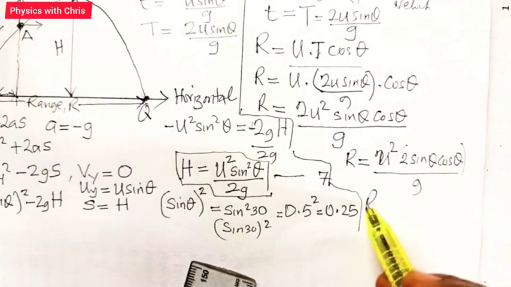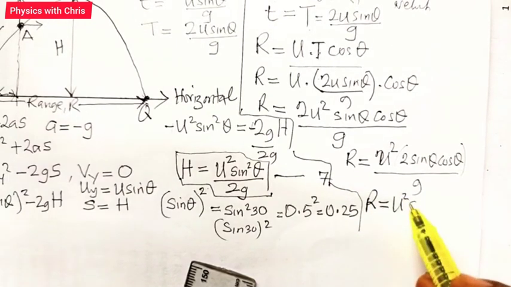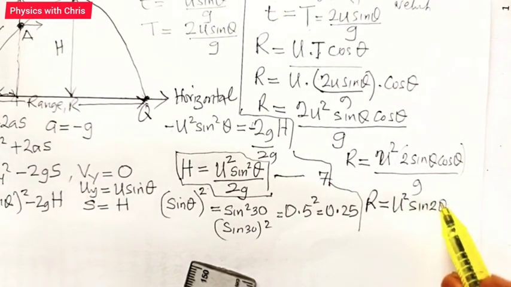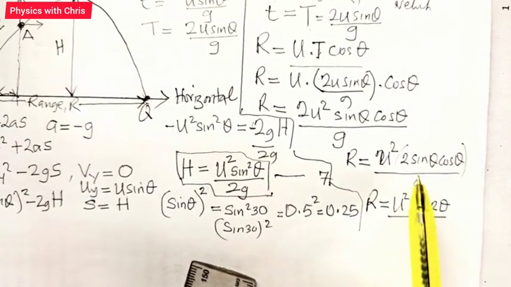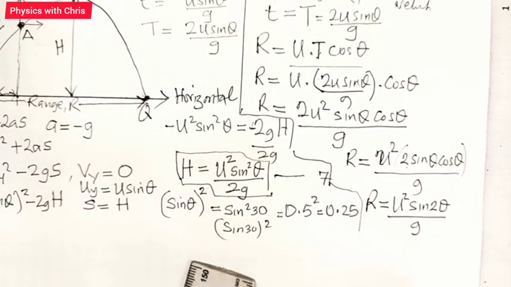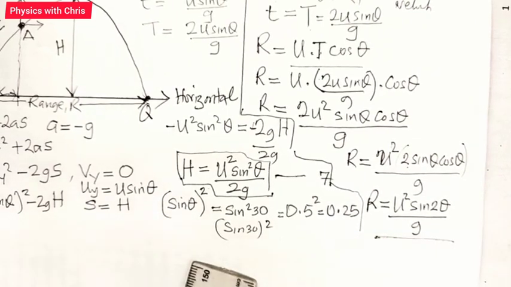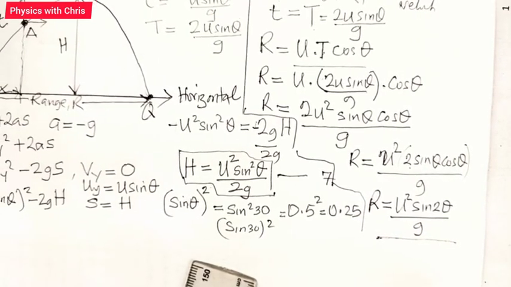So I have my range equals u squared sin 2 theta over g. I won't have the time to prove it. In one of the videos, I'll specifically prove this identity, that 2 sin theta cos theta equals sin 2 theta. For those of you offering further maths, you will know that already. So this is an expression for the range of the projectile: u squared sin 2 theta divided by g.